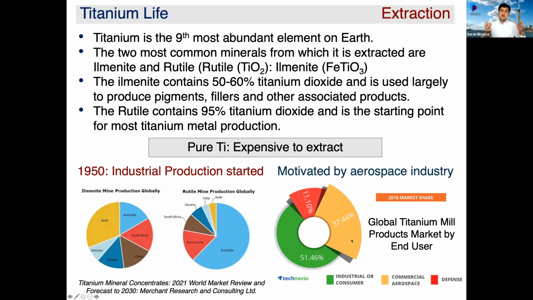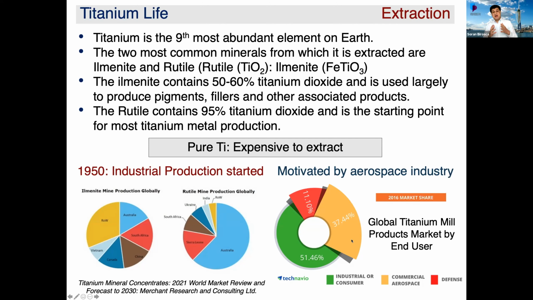The most common minerals or oxides you can extract titanium from are rutile and ilmenite. As you see on the screen, rutile contains 95% titanium dioxide, and this is the starting point of most titanium metal production, while ilmenite contains 50 to 60% titanium dioxide, combined with iron, which makes the extraction a little bit more difficult.